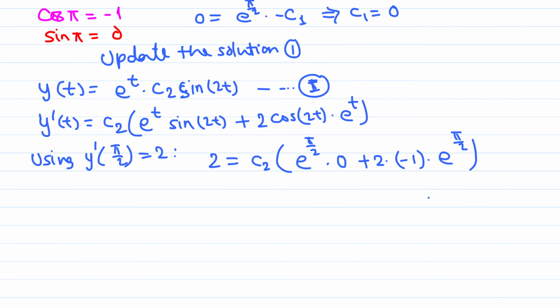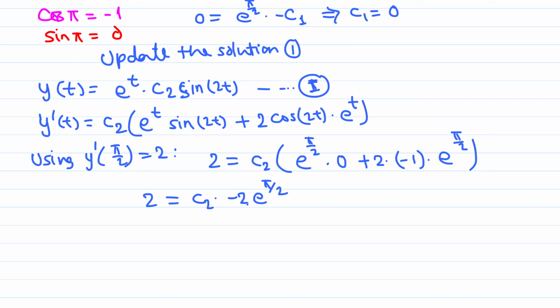We are trying to determine c2. So this is 2 equals, so this part is gone. So negative 2 e pi over 2, that's the constant, times c2.